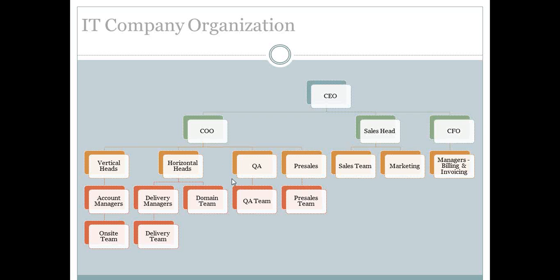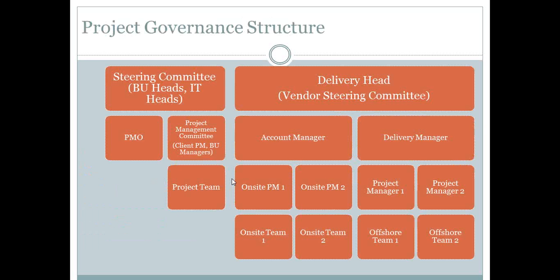Now when a project is formed, there are multiple layers again, because you already have the delivery experience, it would be more like a refresher. You have the project teams from both the client and the IT vendor side. For a typical client, you could have multiple projects running parallelly, right? Then for each project you would have an offshore and an on-site team, and depending on the size of the project, you could have both an on-site PM and an offshore PM, or just a lead on one side and the project manager on the other side, right?